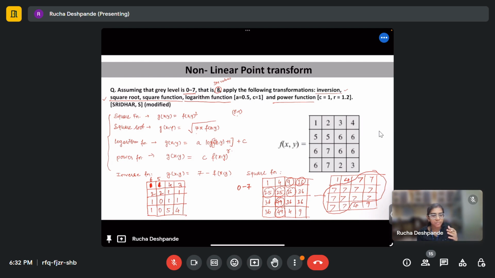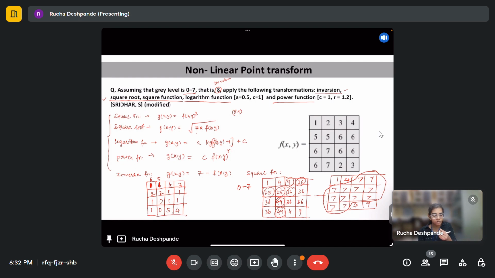So this image will appear very bright after this transformation. It will saturate the image. So this transformation will not enhance its appearance, but instead it will make it look more saturated.